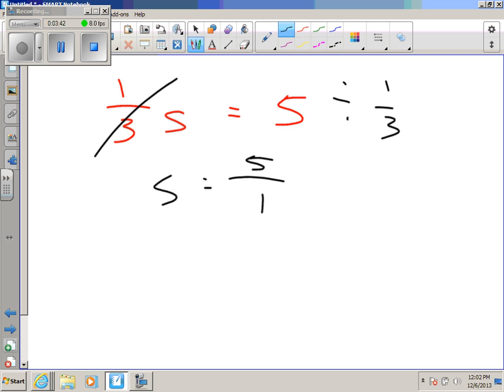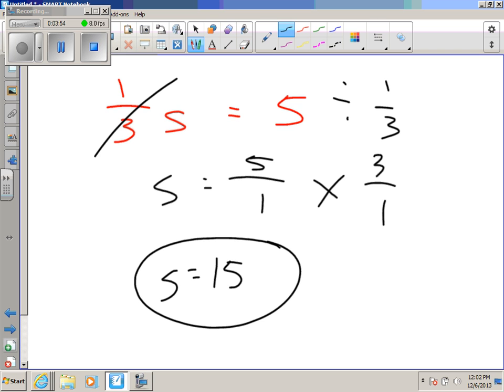Fraction form, flip, s equals 15. Is 1/3 of 15 5? Yeah.